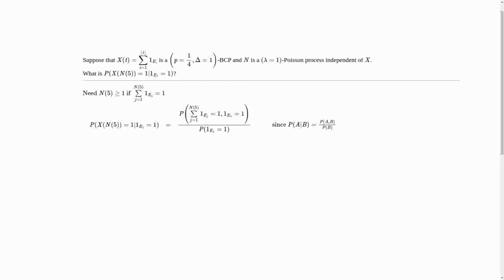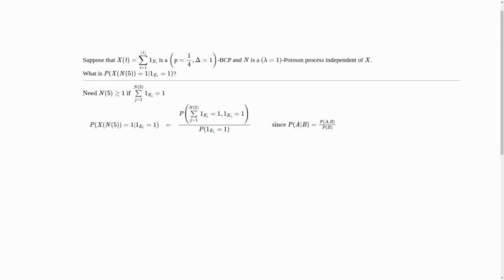So the probability that we had exactly one success at random time N_5 given E_1 is equal to the probability that we had exactly one success up to N_5 and we had a success on the first trial, over the probability that we had a success in the first trial.